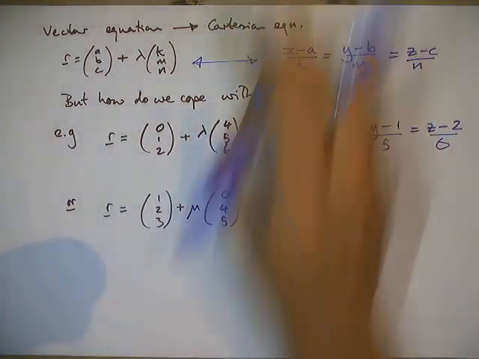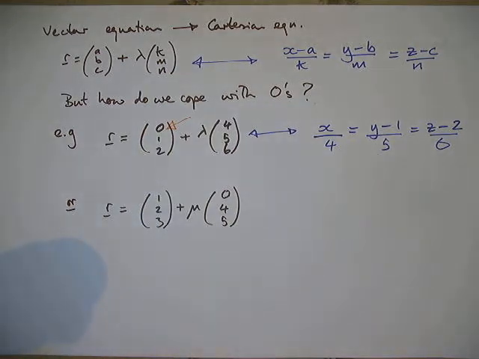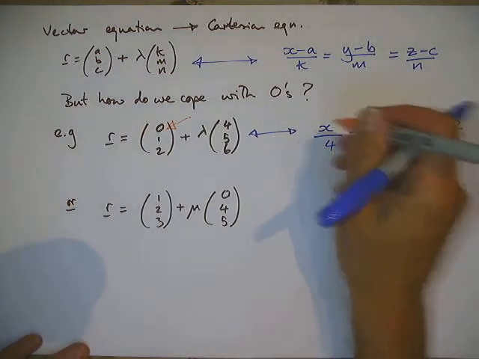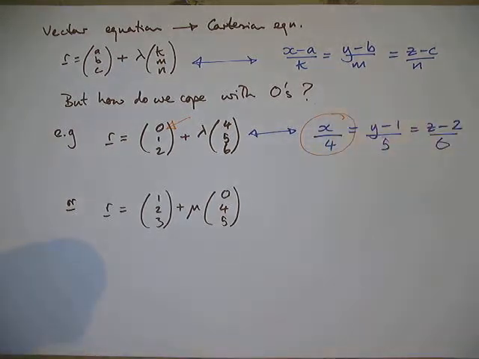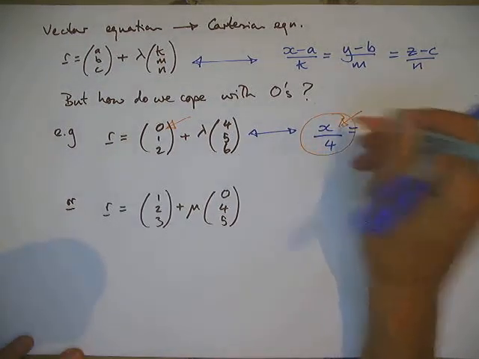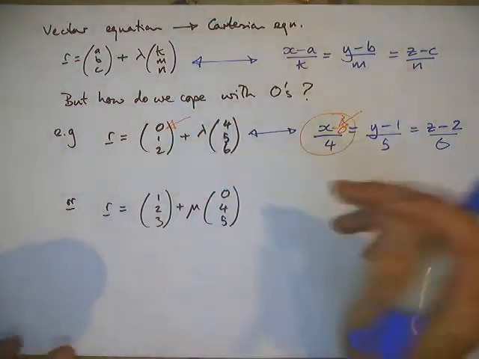So a 0 here doesn't really cause us any problem. But also you'd have to recognise if you've got a Cartesian form with an element like that, it's implying there's a 0 here. Not much problem here.